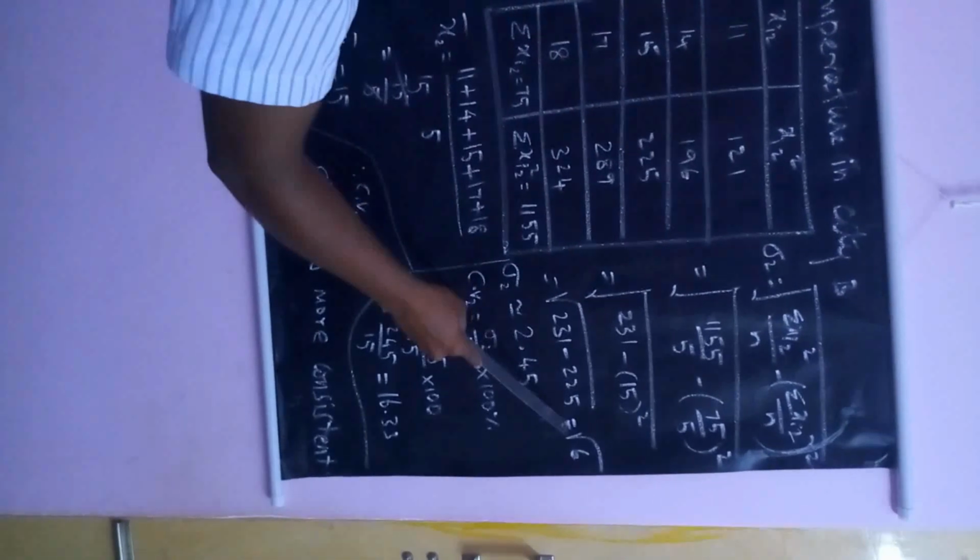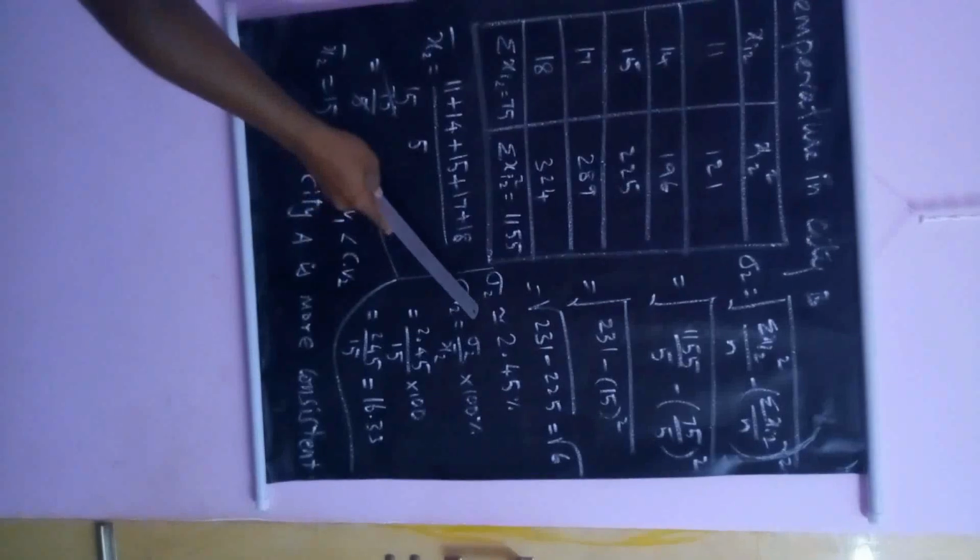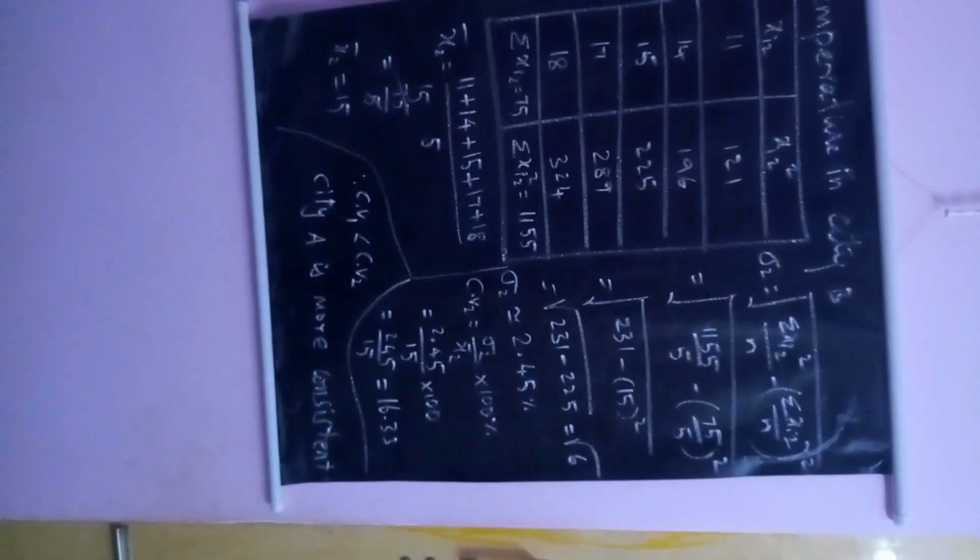Subtracting these two numbers, we get the square root of 6. The square root of 6 is approximately 2.45.